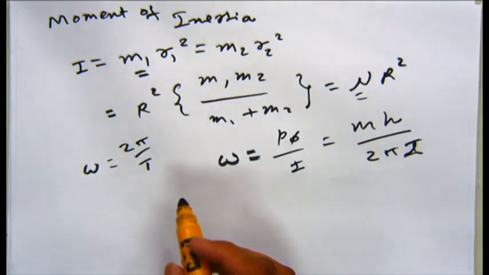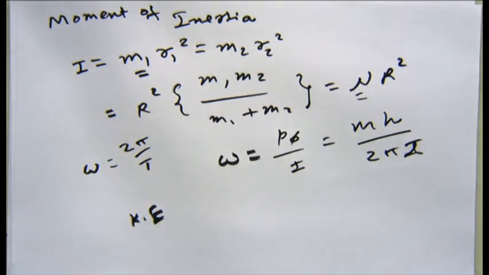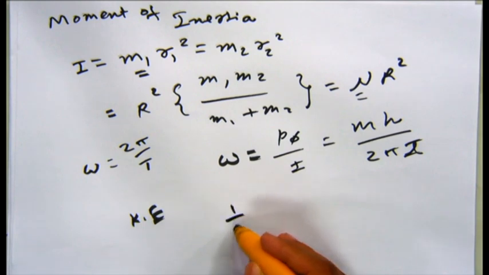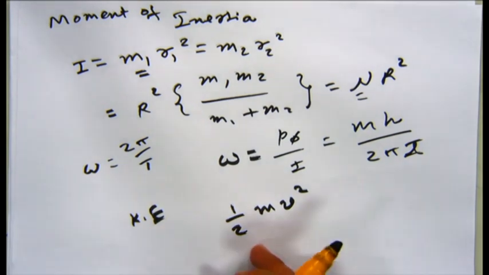Further, kinetic energy, if we are talking about linear motion, can be written as half m v square. This is the value of kinetic energy for linear motion.